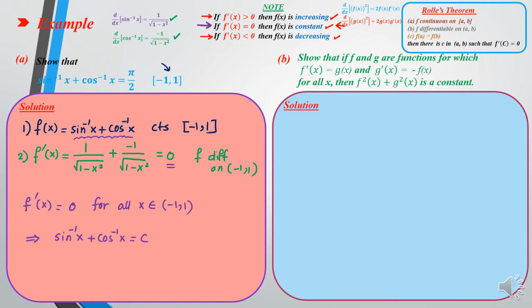Now you have to find this c, and you have to check that c equals the right hand side here, which is pi over 2. How to check that? You have to take a point or an x value inside the interval. Let's say x equals 0.